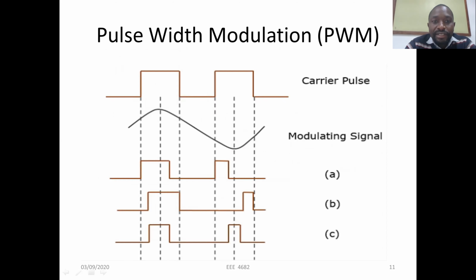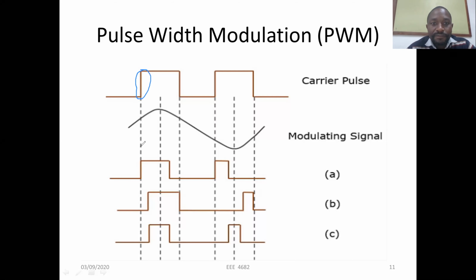When you consider what is known as the rising or leading edge of the carrier, you get the first pulse width output as given in A, whereby you keep the leading edge constant. What will be varying will be the trailing edge.